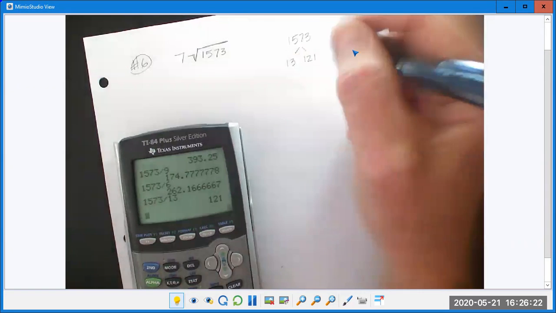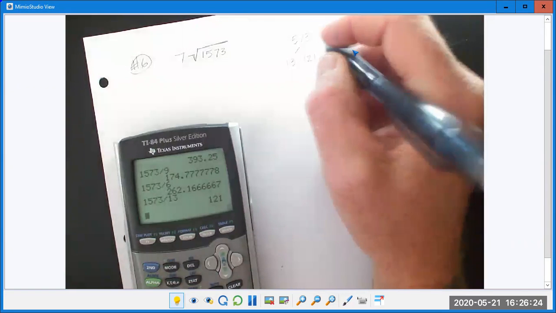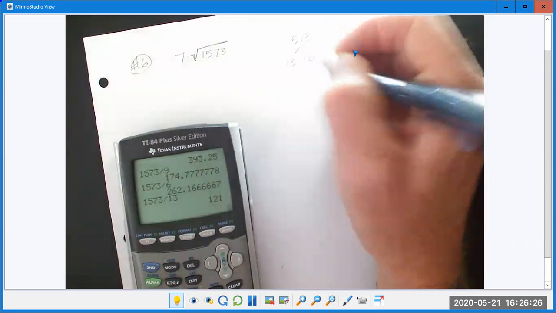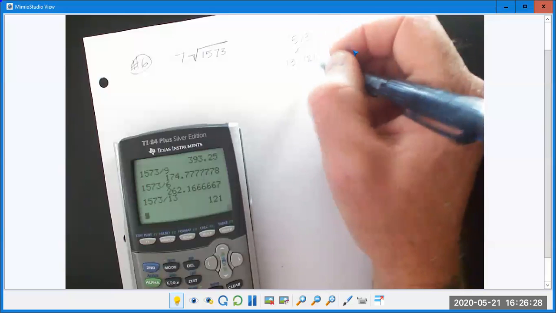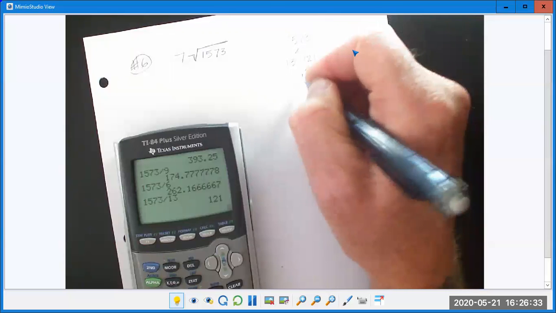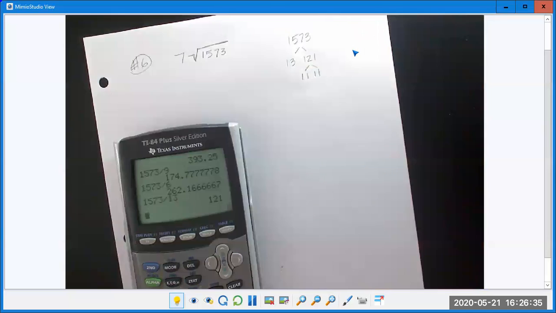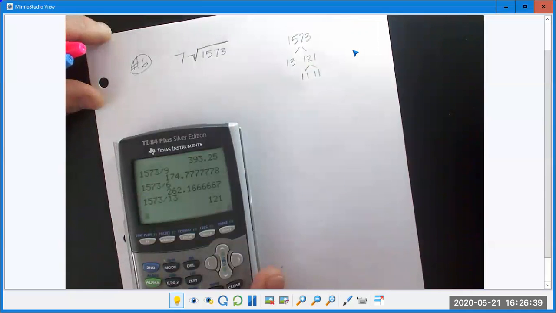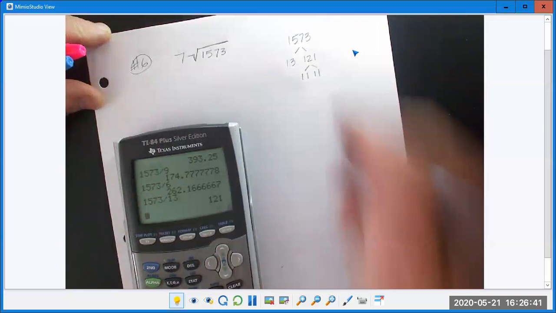Again, it's helpful to know my perfect squares, of which 121 is a perfect square, which would be 11 times 11. So this is a pair.